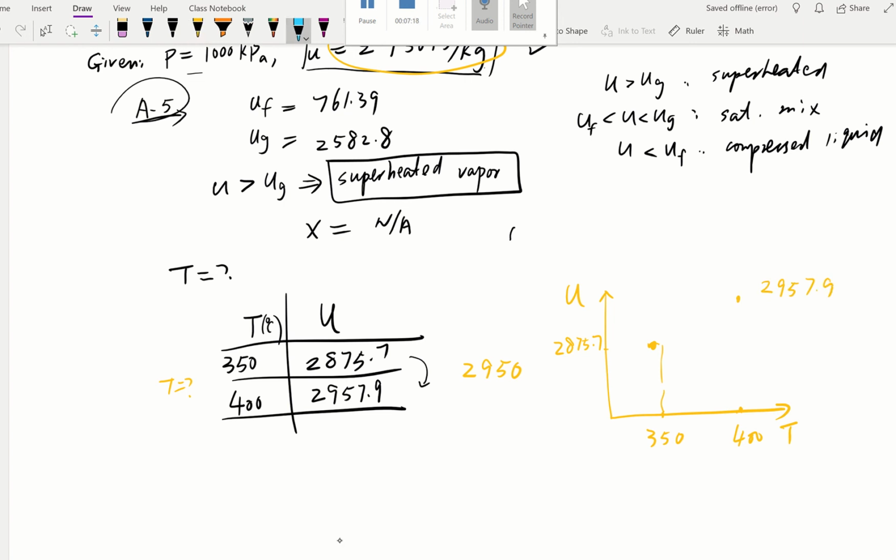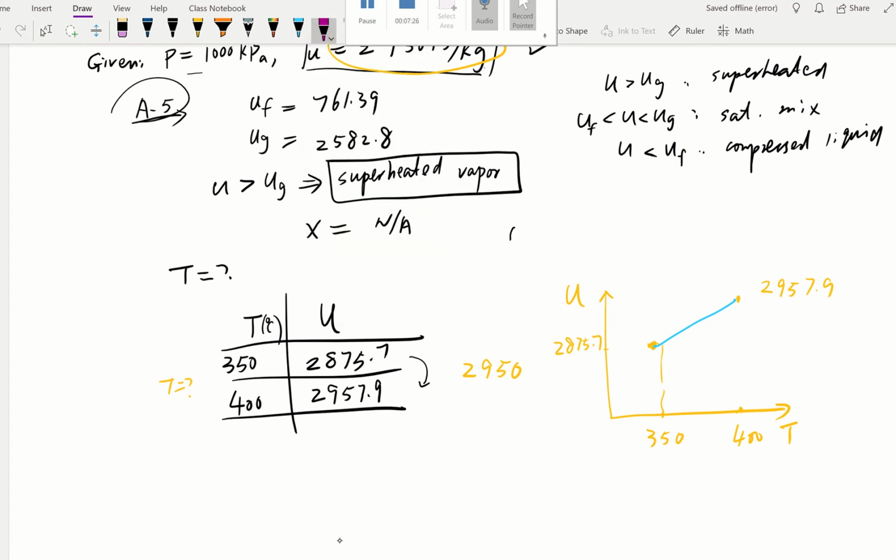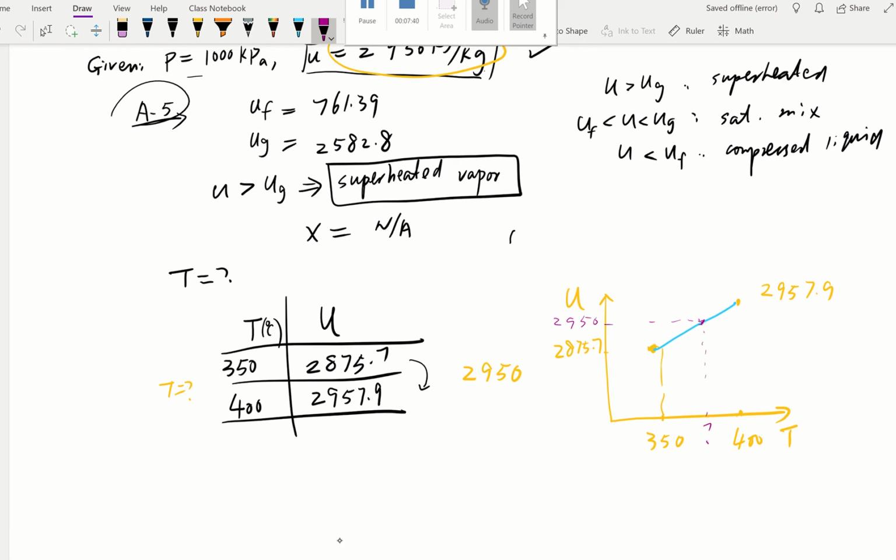So we have those 2 points. And then this unknown temperature, this U we're calculating, 2950, is somewhere here. And our goal is to find the corresponding temperature, this one right here. Okay?